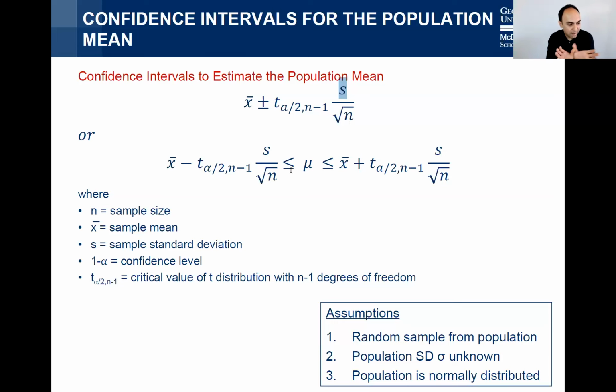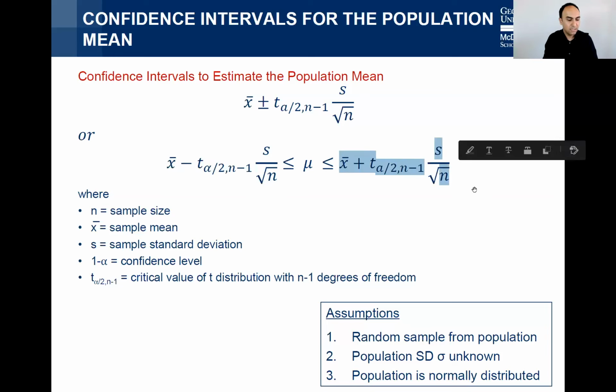So if I expand this equation, we can write it like this. This is the lower end of the confidence interval: sample statistic minus that multiplier times s divided by the square root of n, and the right side, the upper bound, is the sample mean plus that value.